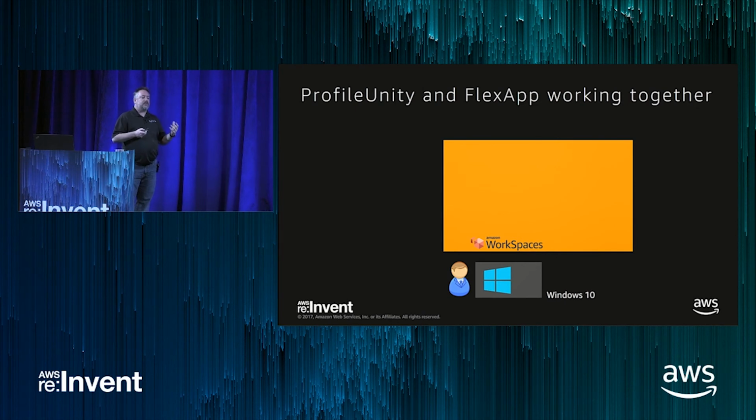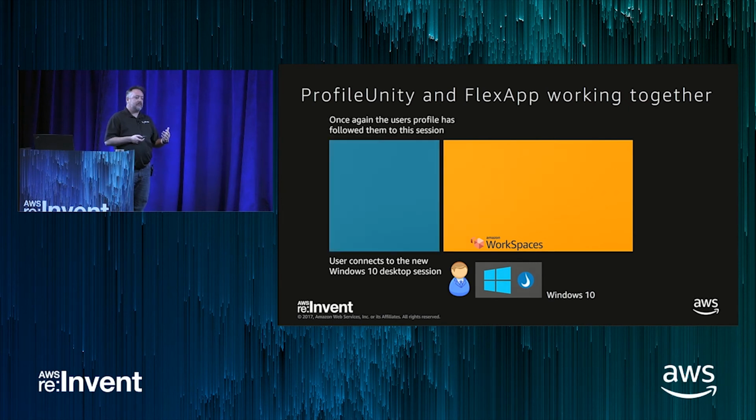So rounding the two together, because these are tightly integrated platforms from us, Profile Unity and FlexApp working together is, again, as I alluded to, the user logs into their Workspaces session, and the profile has followed them into that session, and they can't tell the difference.